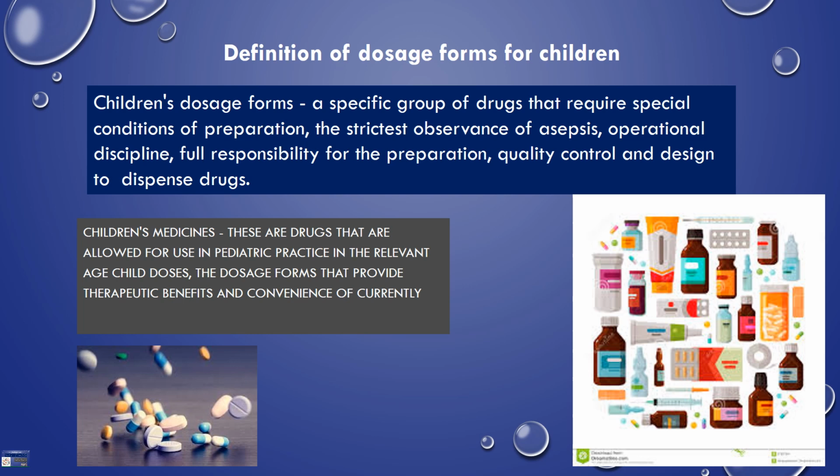Leading places for the production of dosage forms for children in the world are France, where nearly 55 companies produce 102 drugs, then the USA, England, Germany. France has a specialized department producing medicines for babies.